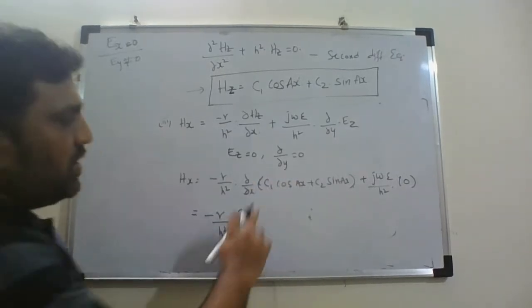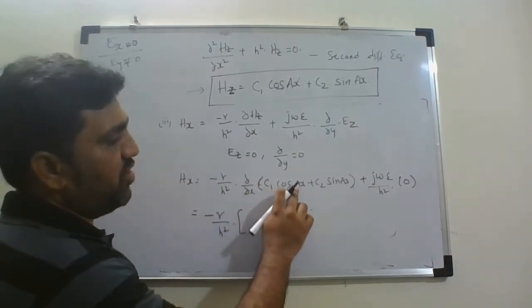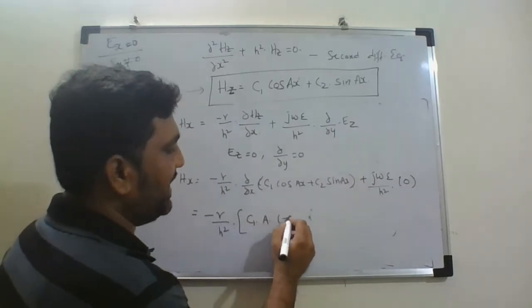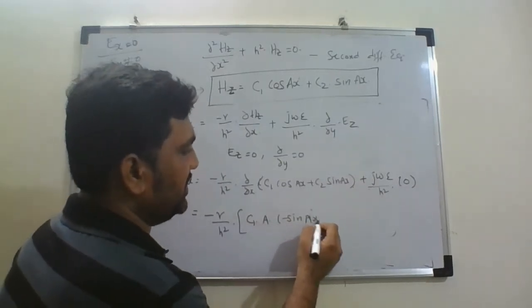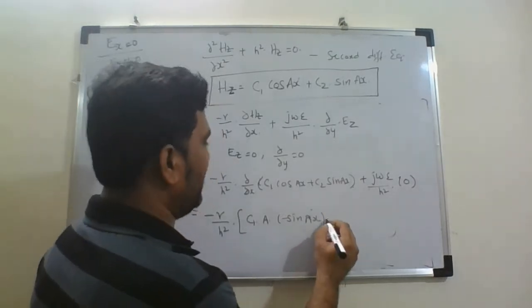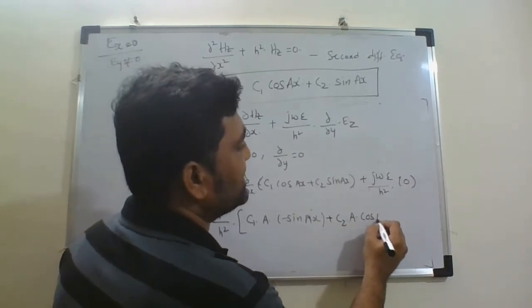So here, the first term, d by dx of cos ax, is nothing but C1 into a into minus sin ax, isn't it? So that is the first term I get. Next term, this is again C2 into a into cos ax.